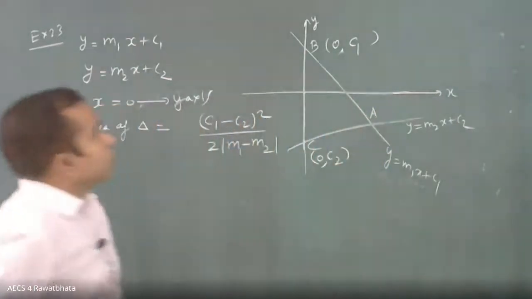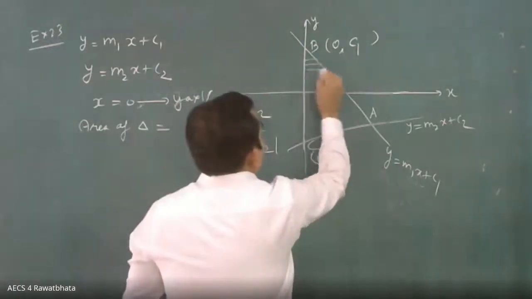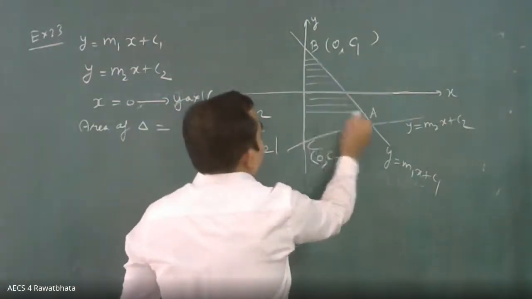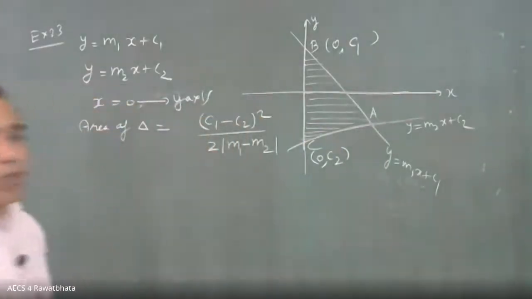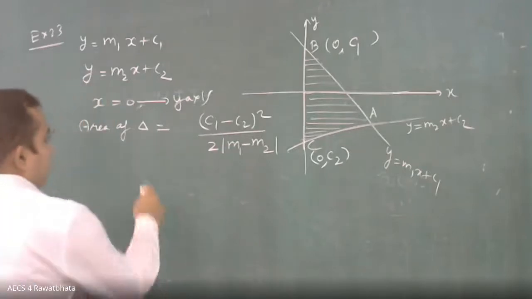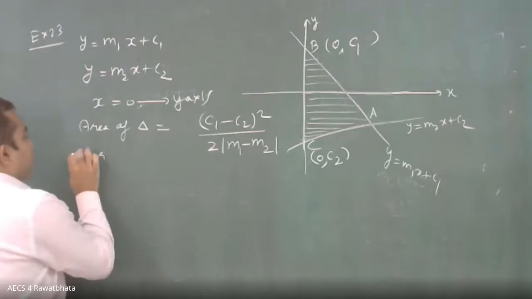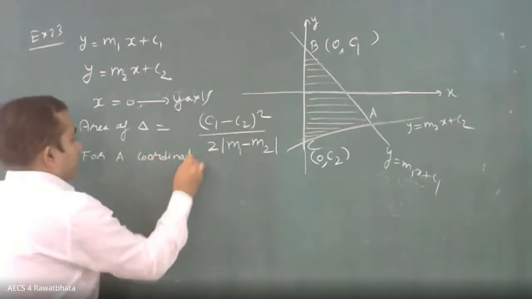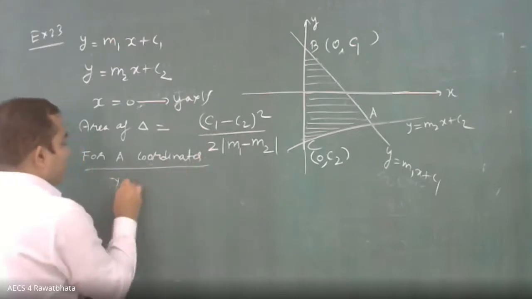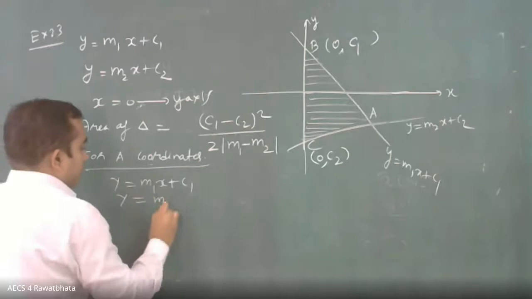So in this triangle ABC, we have got 2 vertices. How to find the third vertex? To get capital A's coordinates, we have to solve these 2 equations. So for capital A's coordinates, let us solve these 2: y equals m1x plus c1, y equals m2x plus c2.